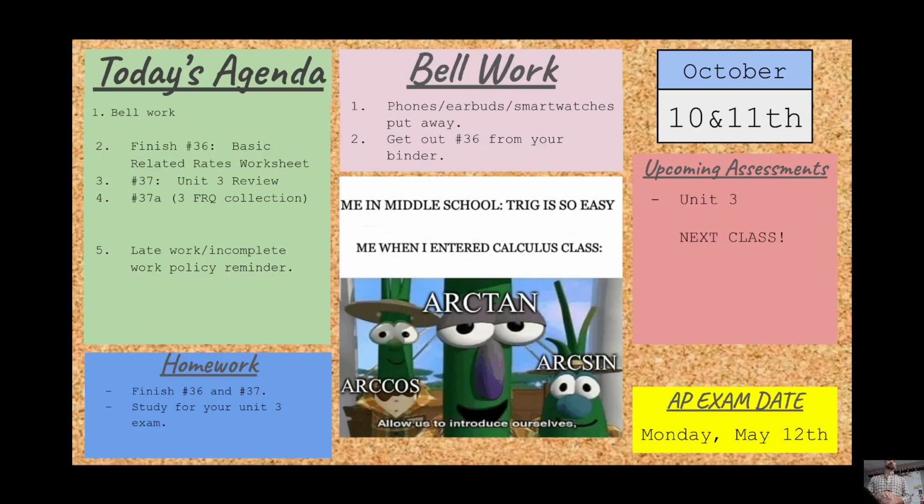So those of you willing to put in the time and effort to do some extra work will be rewarded by the FRQ being a little more familiar to you. So that's the only way I can incentivize you, I guess, to put more effort towards free responses.